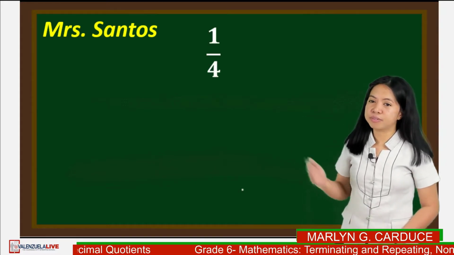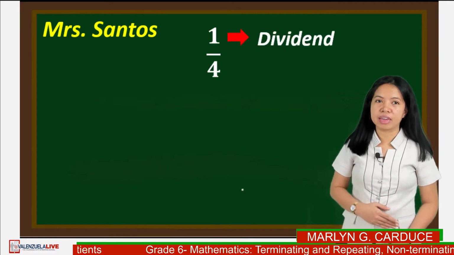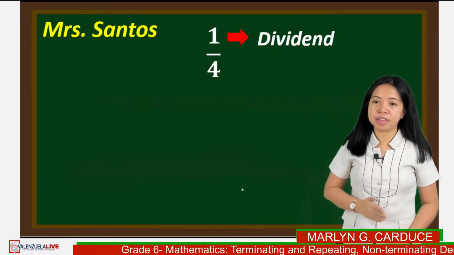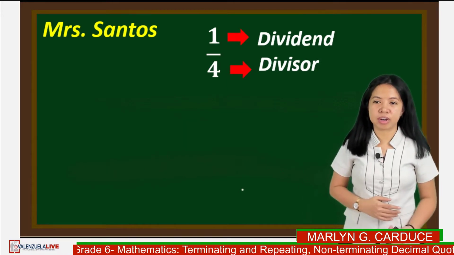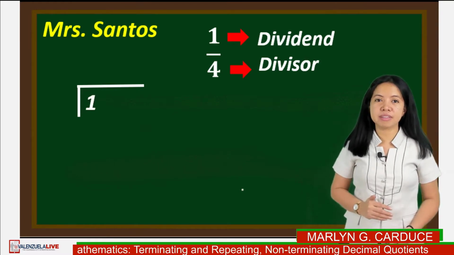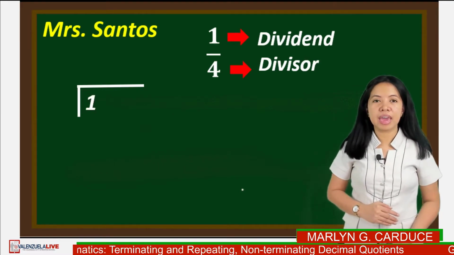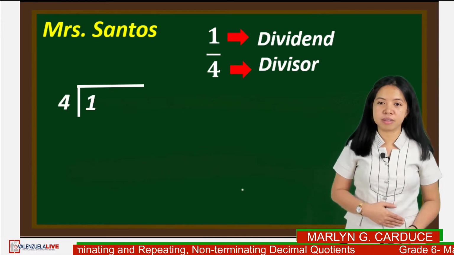So let's first check the weight of Mrs. Santos' pork, wherein 1 is the dividend and 4 will be the divisor. So 1 as the dividend will be written inside the division symbol, and 4 as our divisor will be written outside the division symbol.